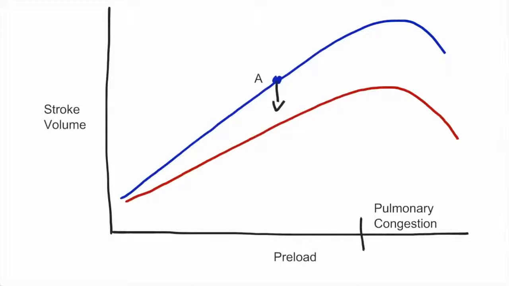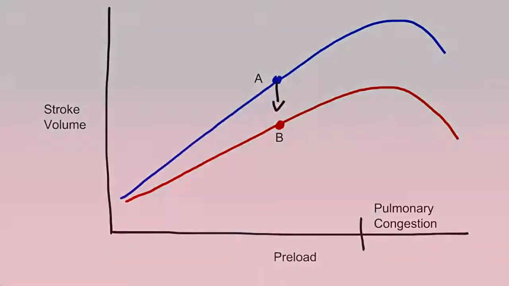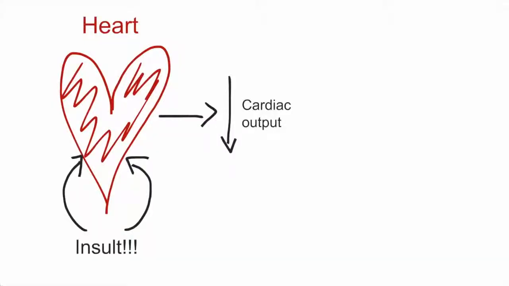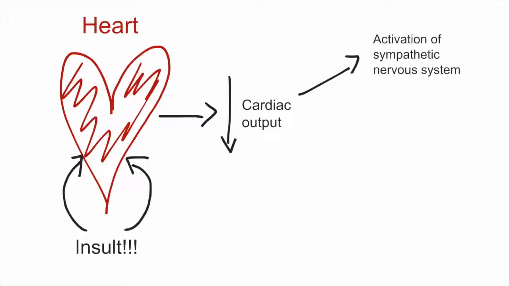So at a given preload, this person moves from point A on the blue curve to point B on the red curve, which manifests as a lower cardiac output. As a result of the lower cardiac output, you have activation of the sympathetic nervous system, as well as decrease in renal blood flow, and we'll examine both of these closer.